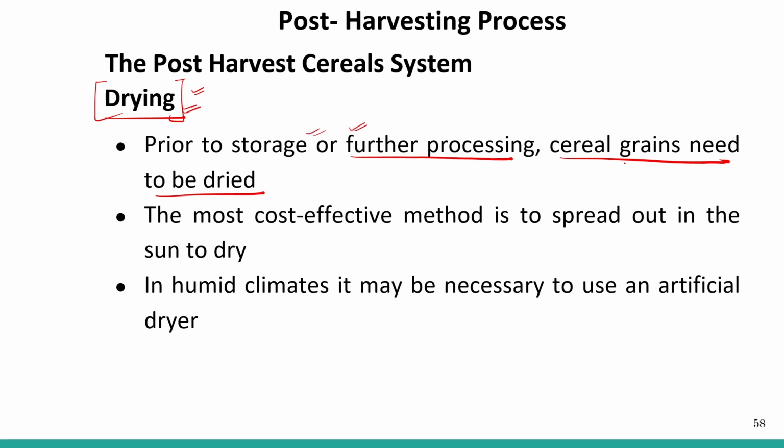The most cost effective method is to spread it out in the sun to dry. So we can spread this wet rice in the open sun, and it makes the rice seeds totally dry.